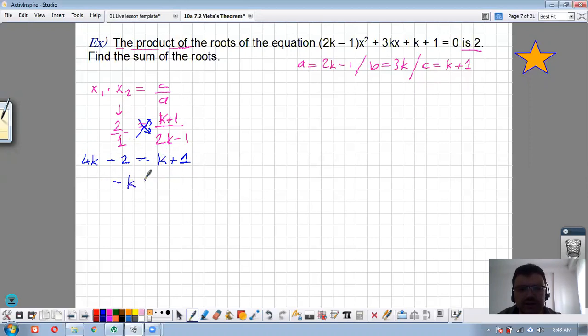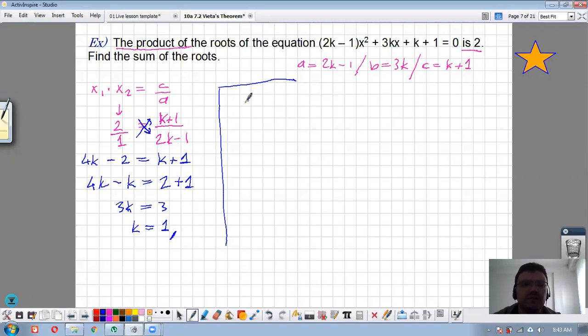It's going to be minus k. 4k we can keep here, but minus 2 we cannot keep in here. We should put it on the other side, it's going to be plus 2 and plus 1. So 4k minus k equals 3k, equals 3. So 3k equals 3, and k equals 3 over 3, which is 1.